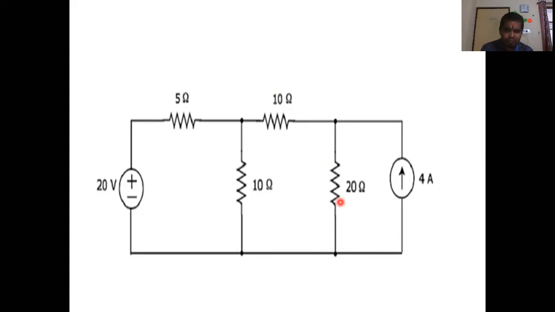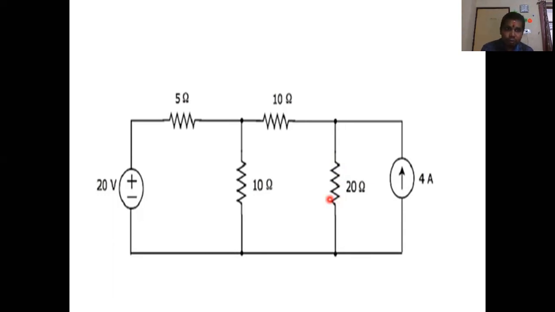So the superposition theorem states, as I said in the beginning, that it should have more than one source and you should determine the response by considering individual sources. Individual sources means first I should consider one source and determine the response here, then I should consider another source and determine the response here, then both responses should be added together to get the total response, right?